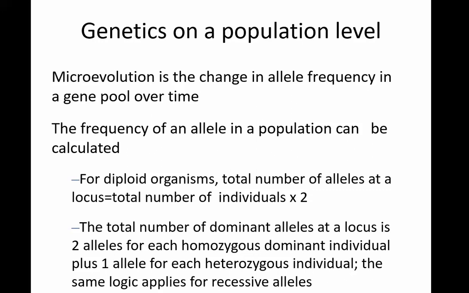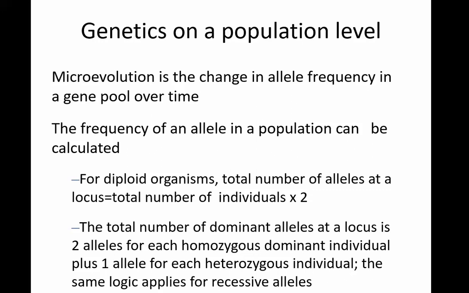They're heterozygous, so they have 1 dominant and 1 recessive allele. The same logic applies to recessive alleles. So the homozygous recessive individuals, if there's 4 of them in a population, there would be 8 of those recessive alleles in those 4 individuals.